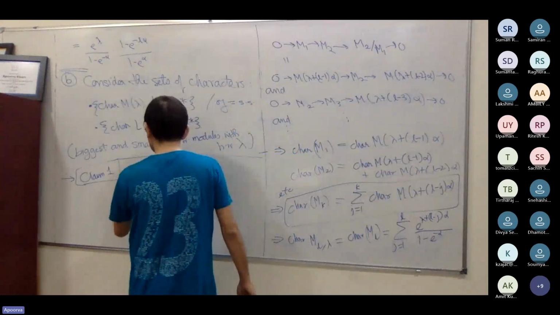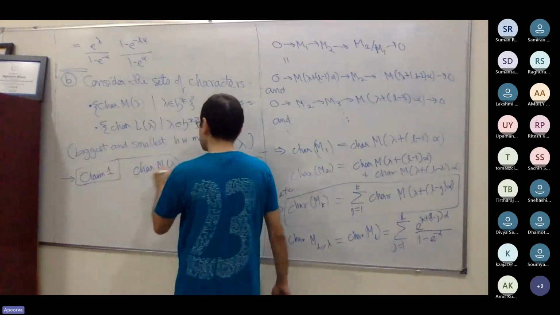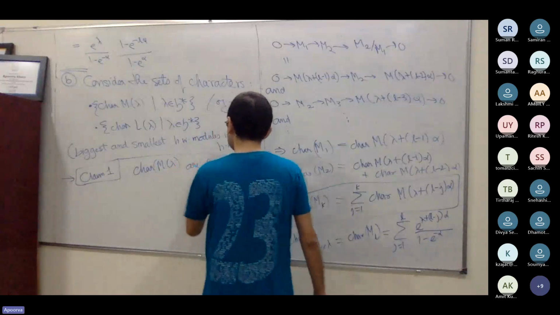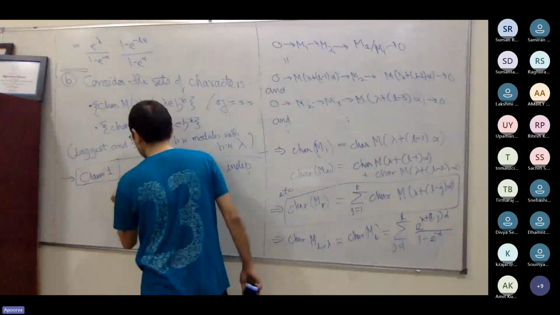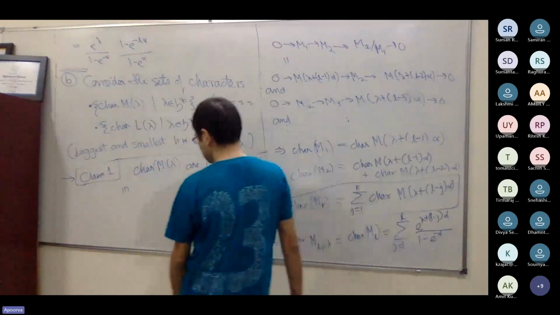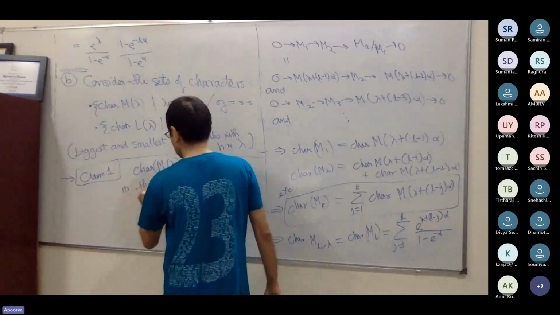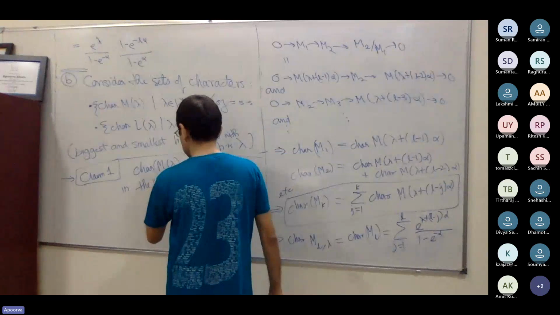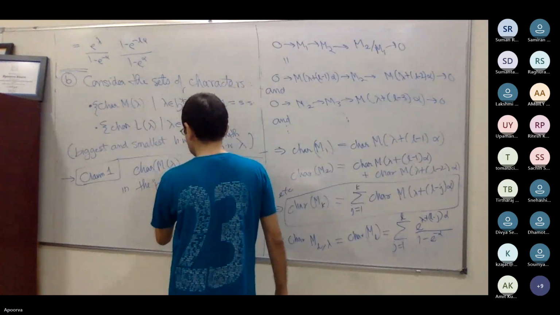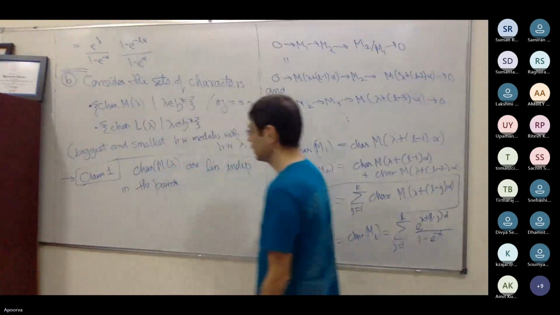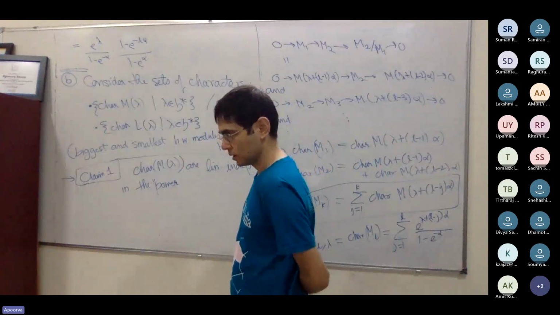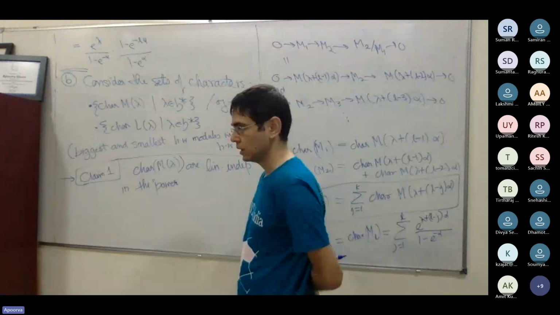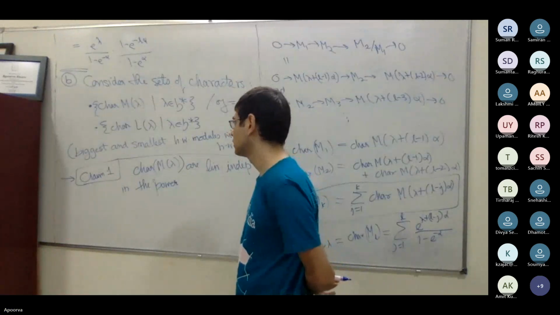So the characters M lambda are linearly independent in some space, in functions which are supported on countable sets of integers. Sorry, what? Characters they treat as functions from h star or on integers. Yes, with countable support.